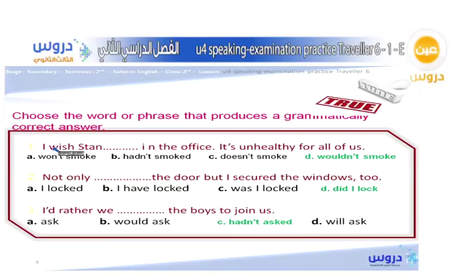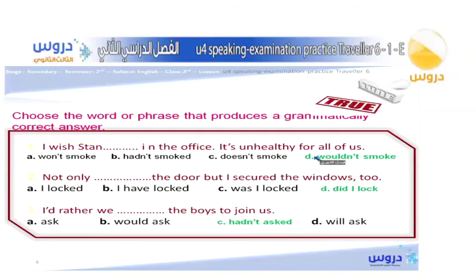All right. So, I wish Stan wouldn't smoke in the office. It's unhealthy for all of us. So the right option is D. Number 2: Not only did I lock the door, but I secure the windows too.